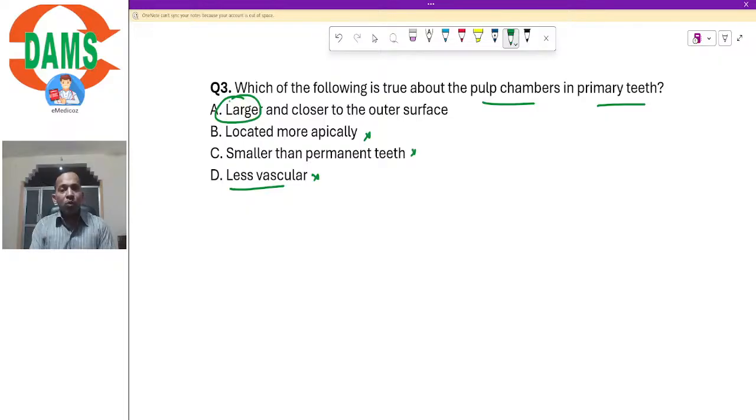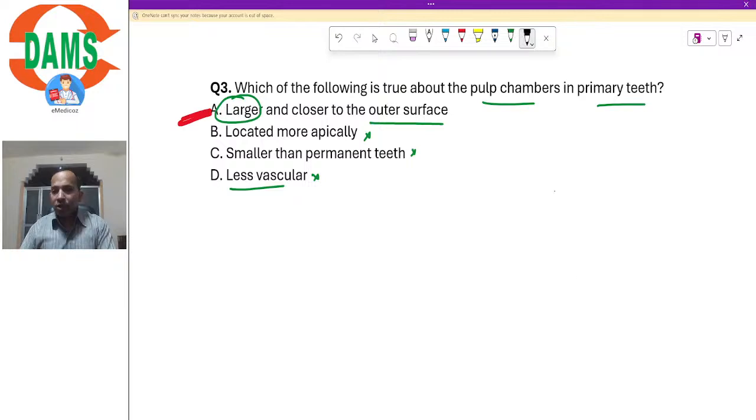The permanent tooth has thicker dentine, right? It has thicker dentine covering the pulp chamber. So that's why it appears relatively smaller as compared to the primary. So the primary dentition has a larger pulp chamber, and since the tissue covering it is thin, it is also closer to the outer surface. So option A is correct, right?